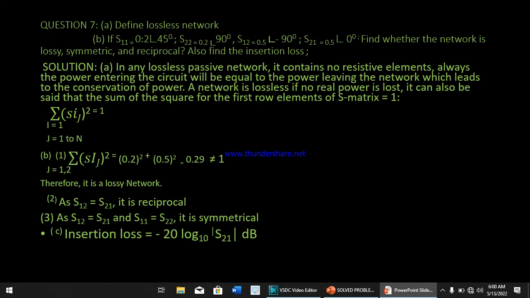So we calculate the loss by having minus 20 log S21. The value of S21 is the same thing as S12. That is the voltage transmission parameter, which is given to be 0.5. So minus 20 log 0.5 to base 10 dB gives us minus 6 dB. So the network has an insertion loss of minus 6 dB.